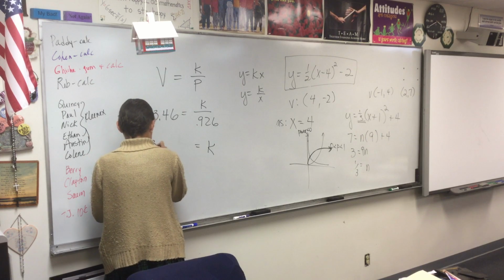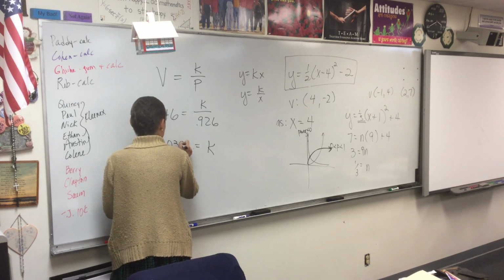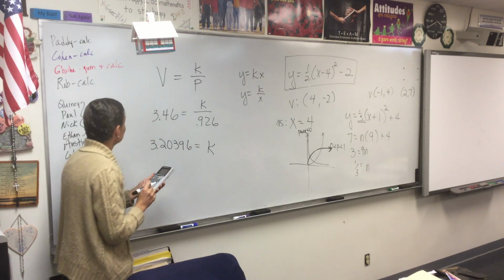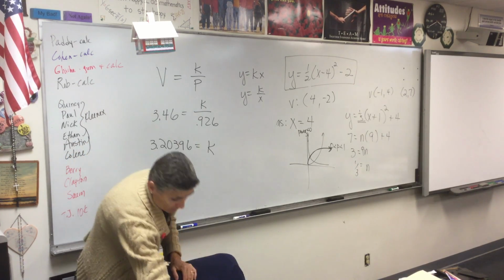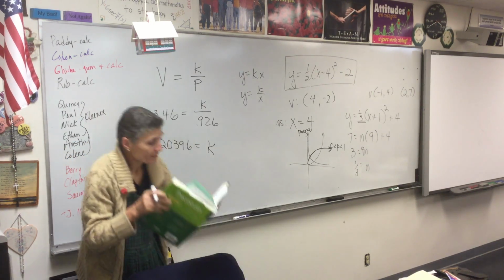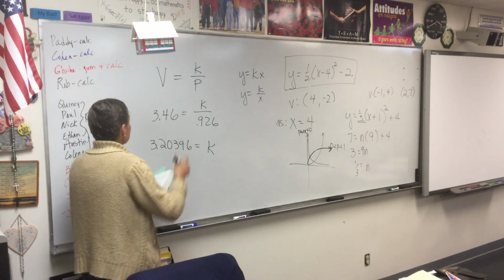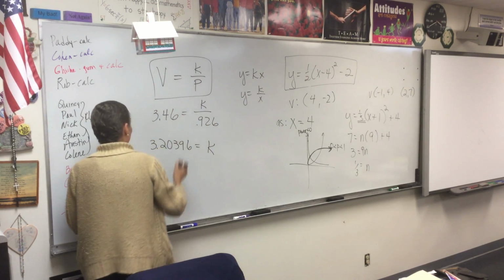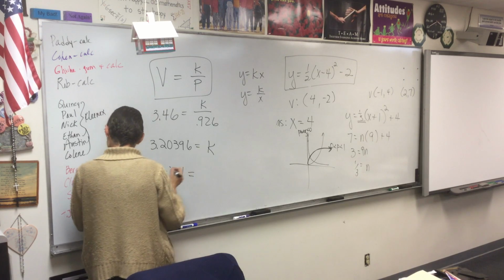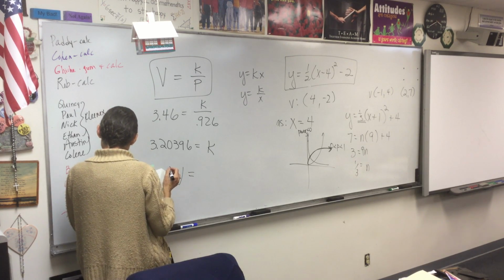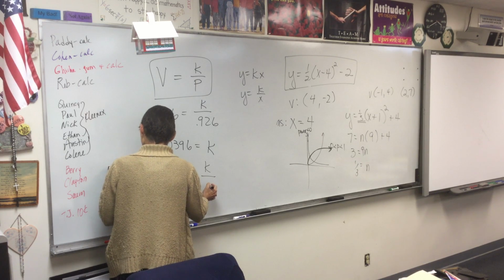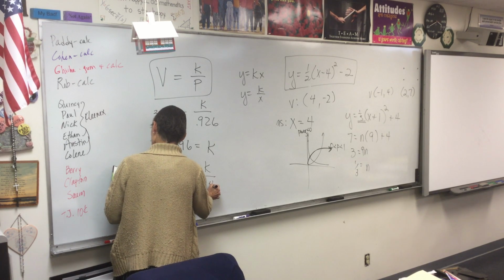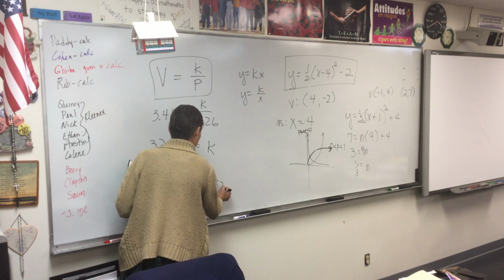So I got 3.20396 if I pressed all the buttons right. All right, now that's my K value. Okay, so now it says, here's my equation, what would the volume be at a pressure of 1.452?